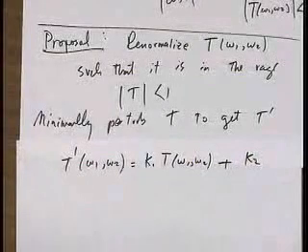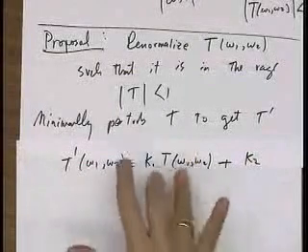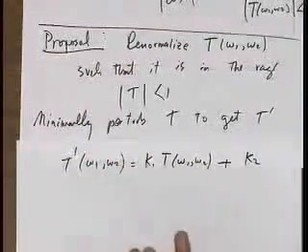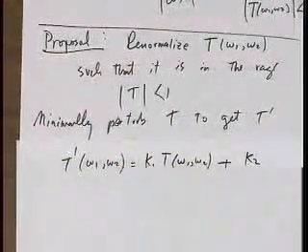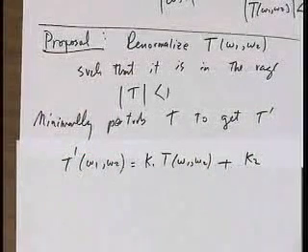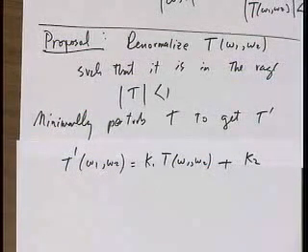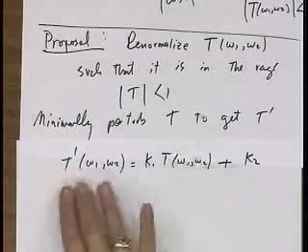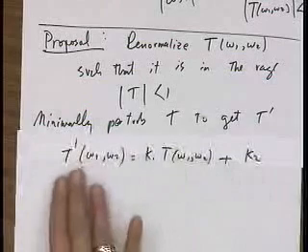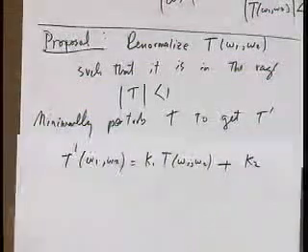And why, intuitively, do you think that minimally perturbs things? It preserves the shape of the contours, right? If t of omega 1 and omega 2 had nice elliptical kind of a contour, when you do this transformation, the contours of this are also, you can convince yourself, kind of elliptical.